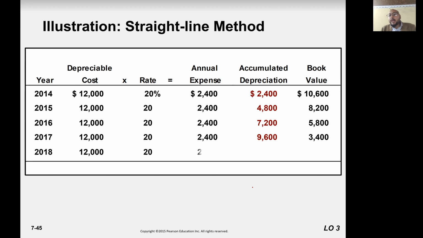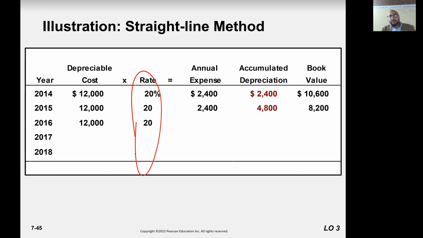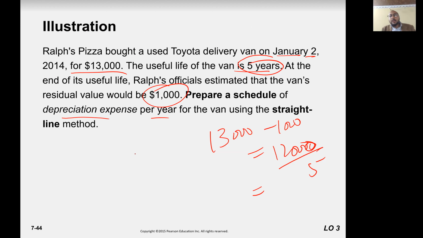All right. And if you want to find it through the rate, take the depreciable amount and multiply it by the straight line rate, which is 1 by life.